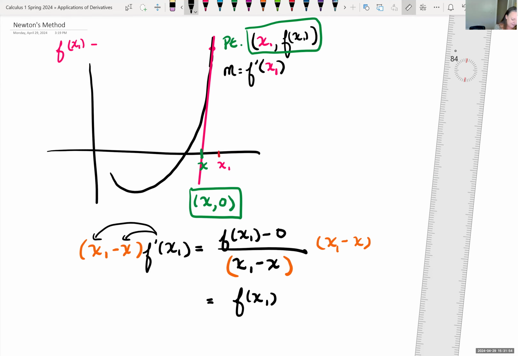So we have f prime of x of 1 times x of 1 minus x times f prime of x of 1.